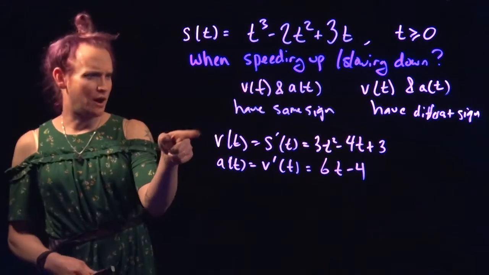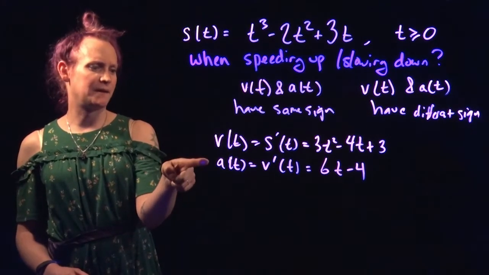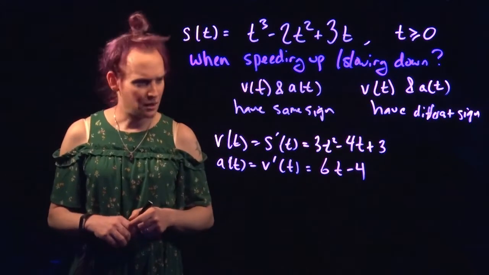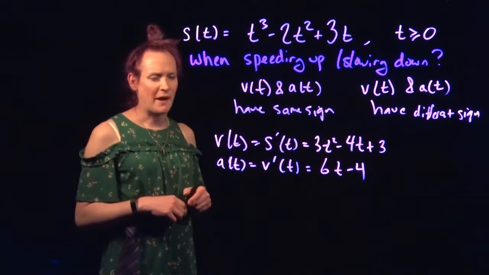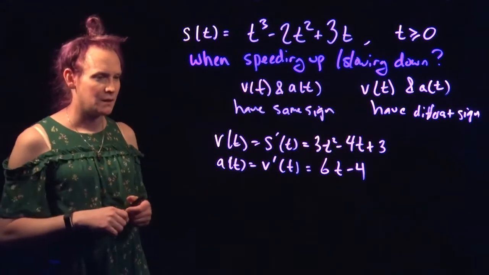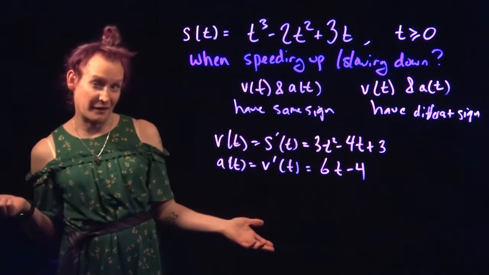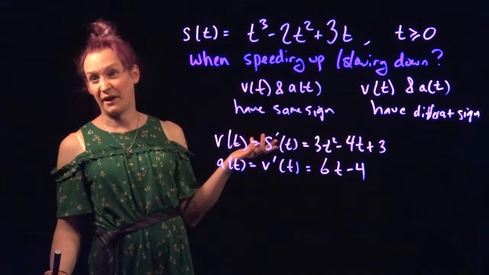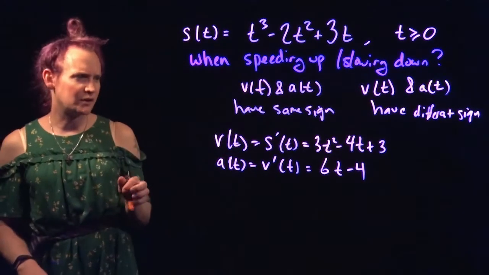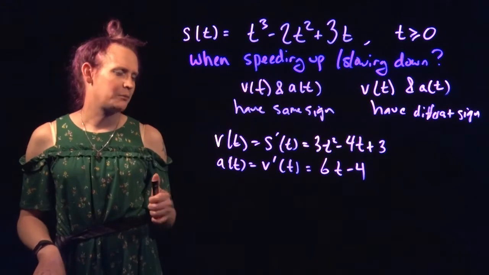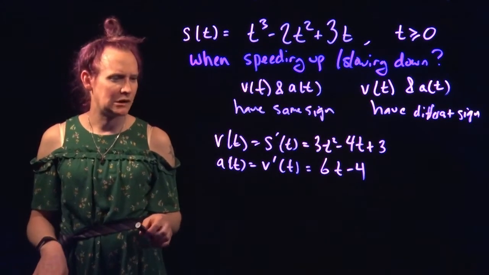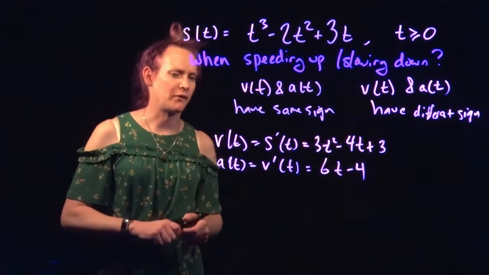Okay. So we've got an upward opening parabola and an upward pointing line. We want to know where these two things are positive or negative, and we could do this either by plotting them or by figuring out their zeros. Let's do the zeros method first.